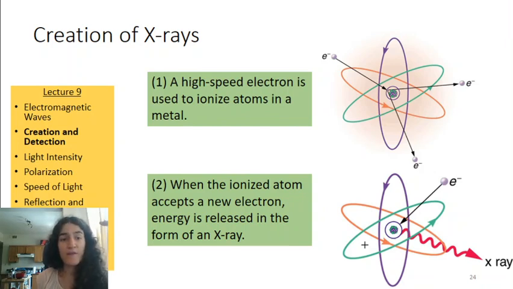Any time you have an atom relaxing to a lower energy, it will be emitting an electromagnetic wave. In the opposite scenario, an atom sending an electron to a higher energy level would be absorbing an electromagnetic wave, right?